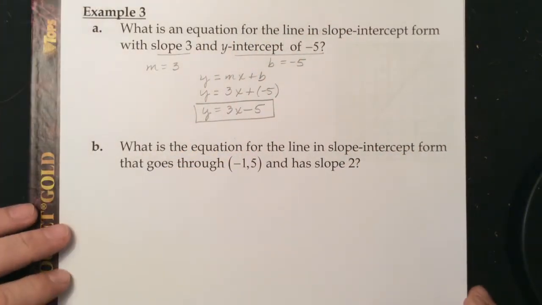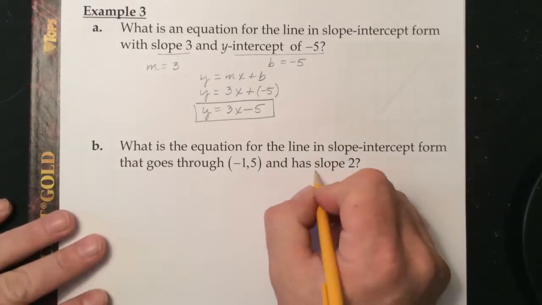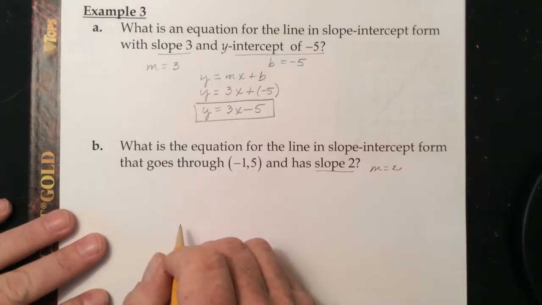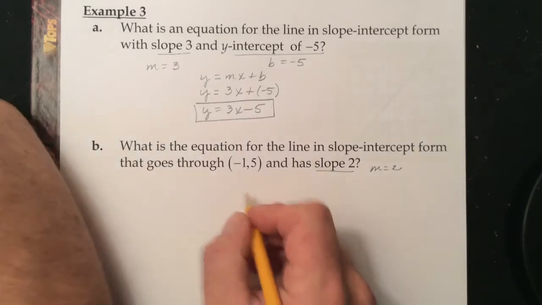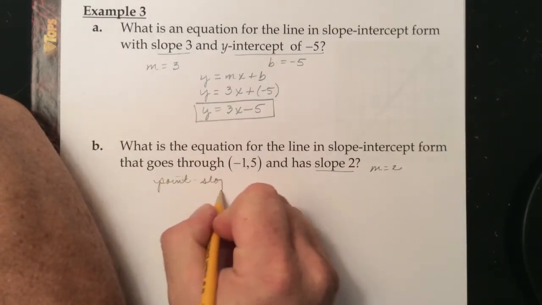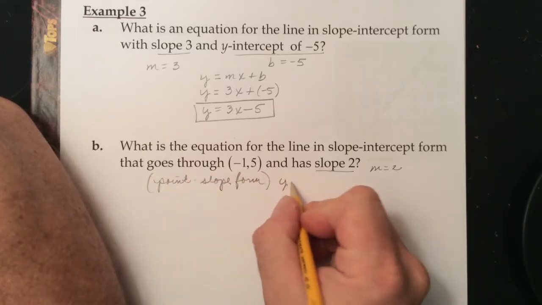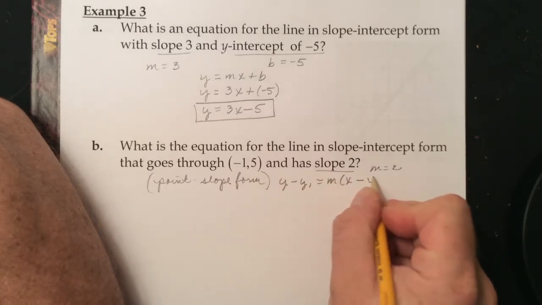Part B. What is the equation for the line in slope-intercept form that goes through the point -1, 5 and has slope 2? Well, we've got our slope, it's 2. But we don't directly have our y-intercept. So what we can do is use the point-slope form of a line that we went over in our notes, which is y minus y1 equals m times x minus x1.